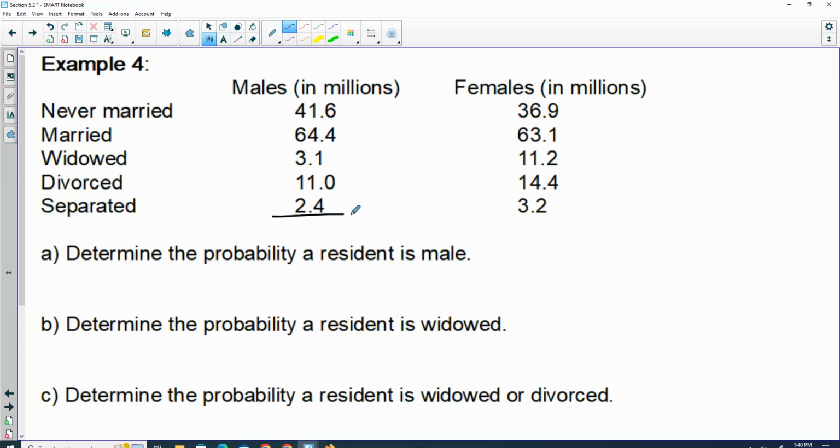So here, you guys add up all the females, you guys add up all the males, figure out how many we have. 128.